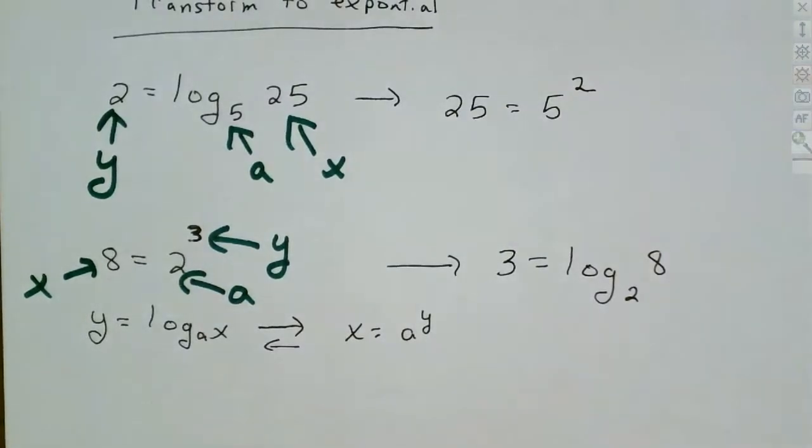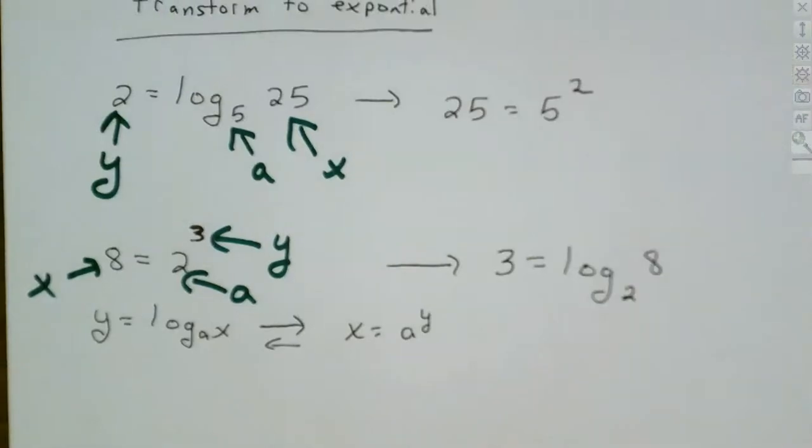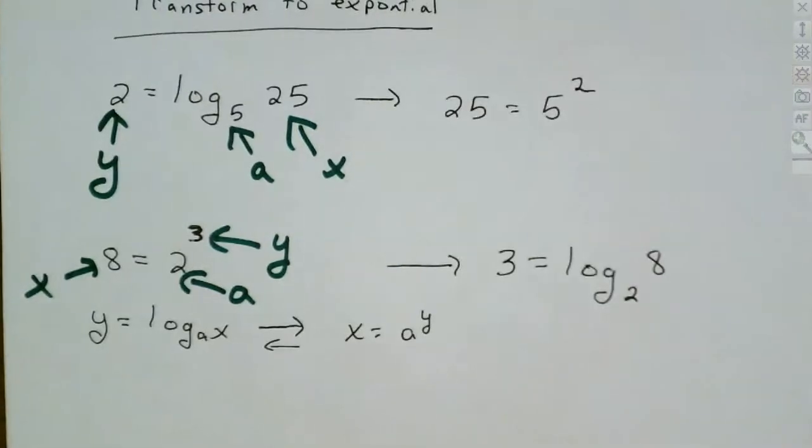Is it kind of making sense how to transform them back and forth? You just write up your formula, label your pieces, plug it from one formula to the other. And sometimes it's easier to use a logarithm than an exponential. Other times an exponential might be easier to work with.